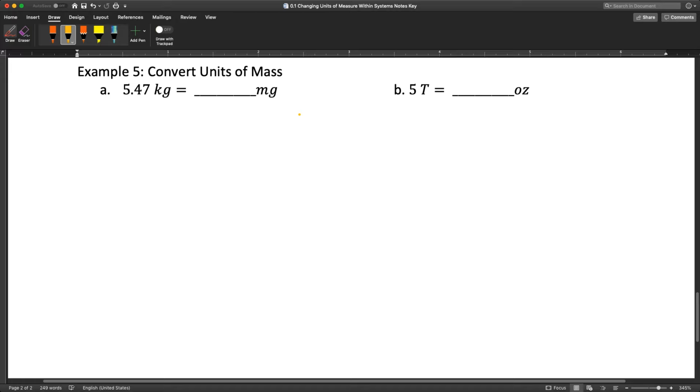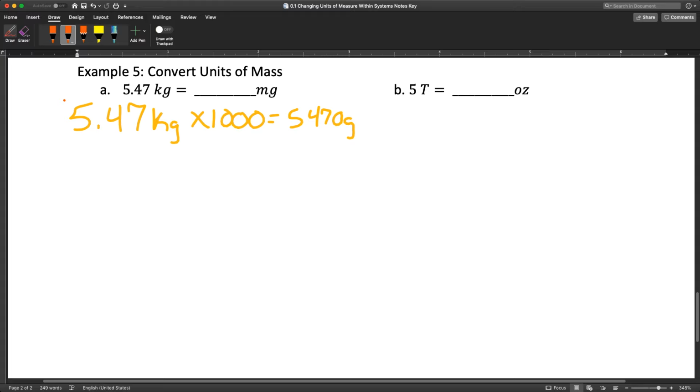So we are going to take 5.47 kilograms, and we are going to multiply that by 1,000 to give us an answer of 5,470 grams.